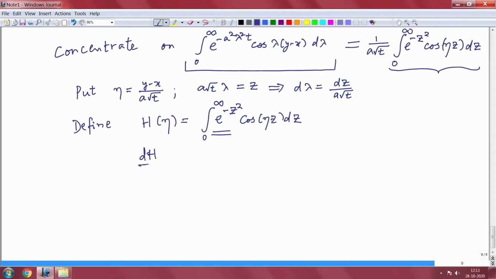Recall the results from calculus, where we can perform differentiation under the integral sign, and the exponential function is going to help us. Differentiating, we get e to the minus z square times minus z sin eta z.